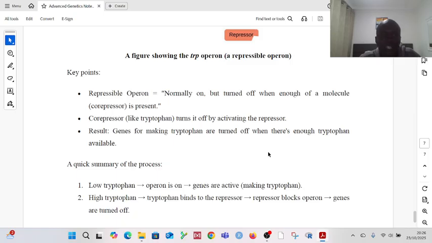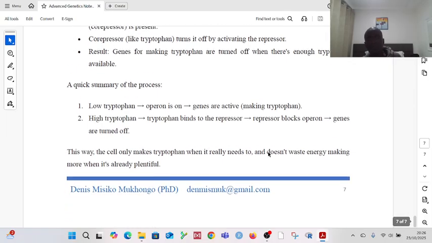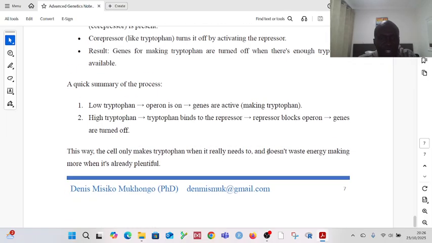Okay? So just as a quick summary, when there is low tryptophan, the operon is turned on. The genes are active, so they can make more tryptophan. When there is high tryptophan in the environment, tryptophan acts as a co-repressor by binding to the repressor.